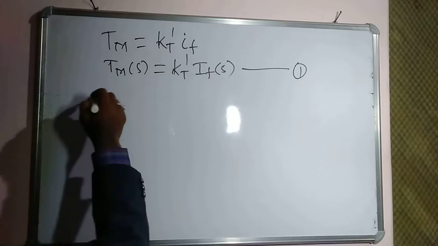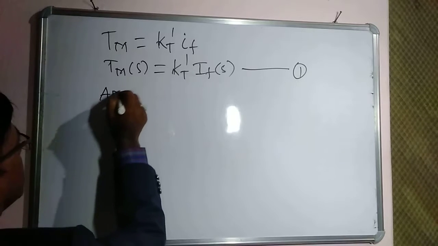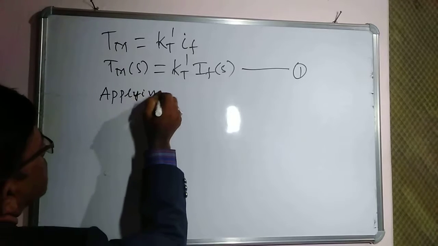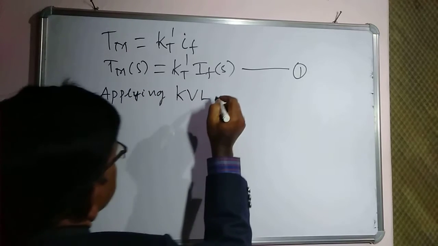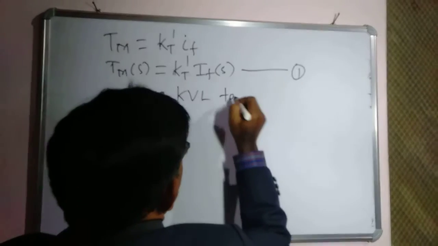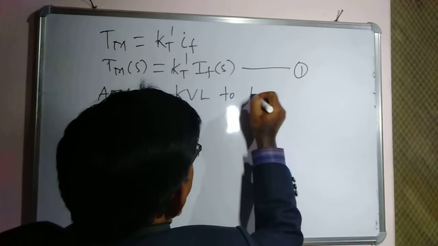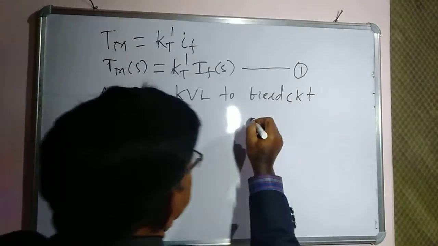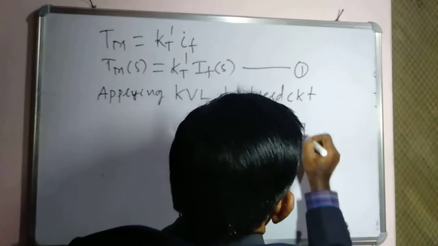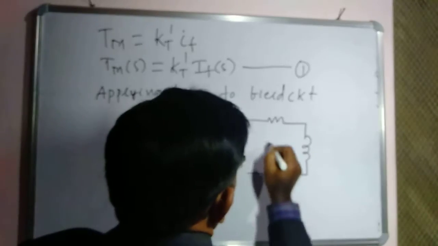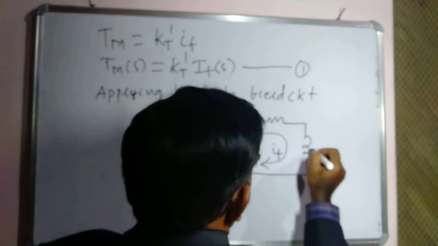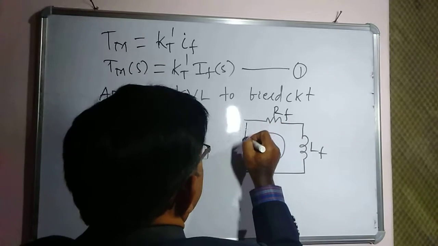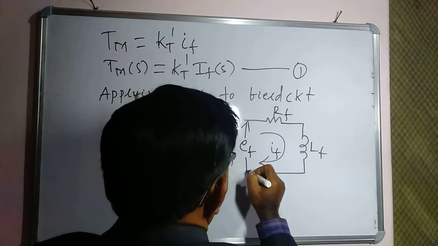So now applying KVL, Kirchhoff's voltage law, to field circuit. So this is the field circuit. This is If, this is Lf, this is Rf, and this is Ef.